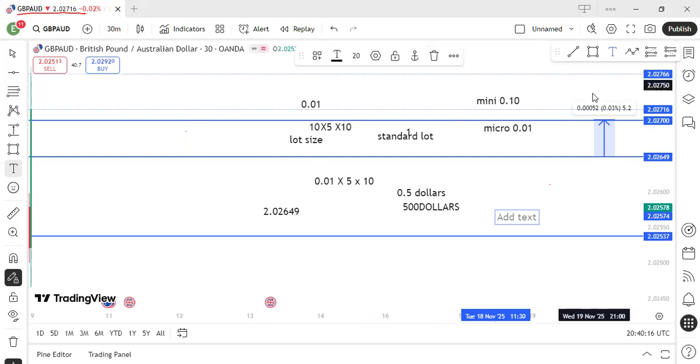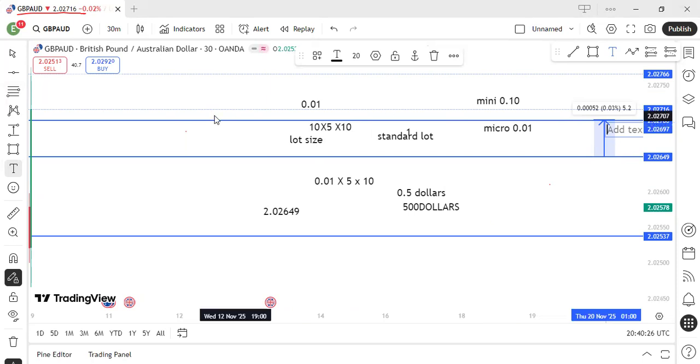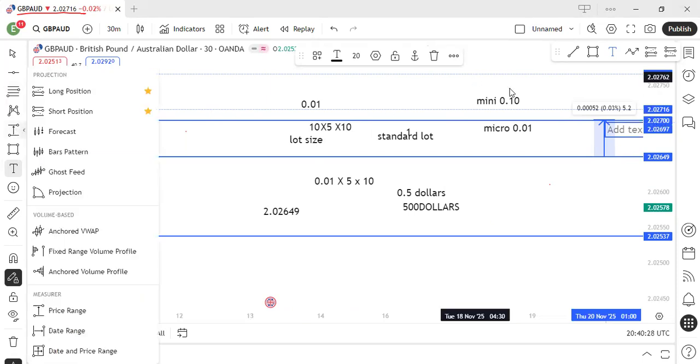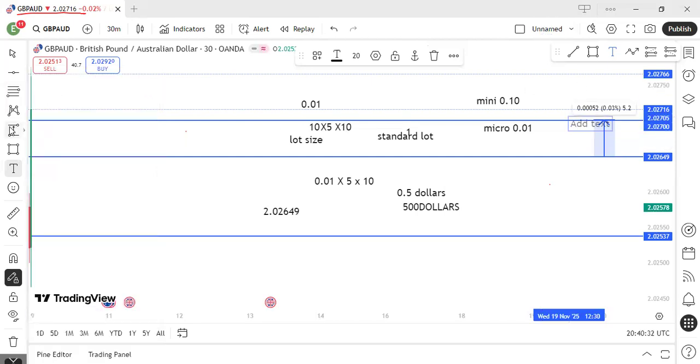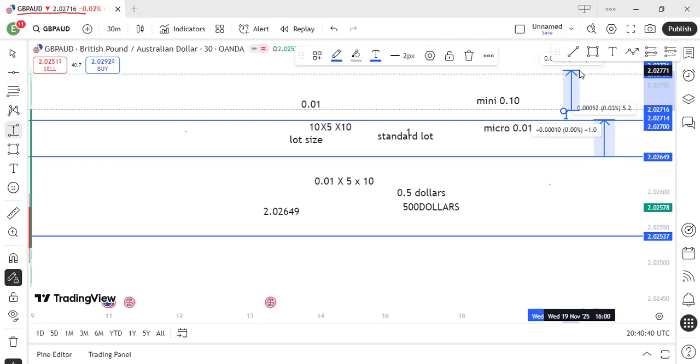Let's assume that price was here. Price was here now, this same price was here. Then you now said price should move to this point.